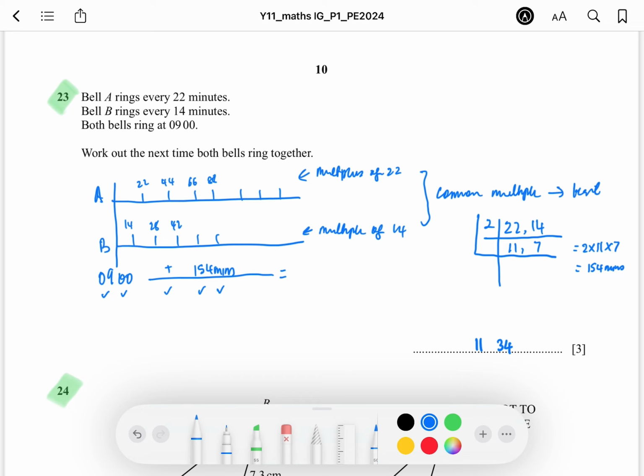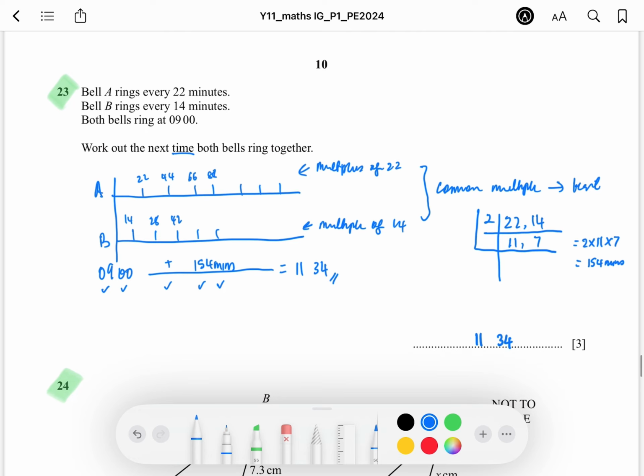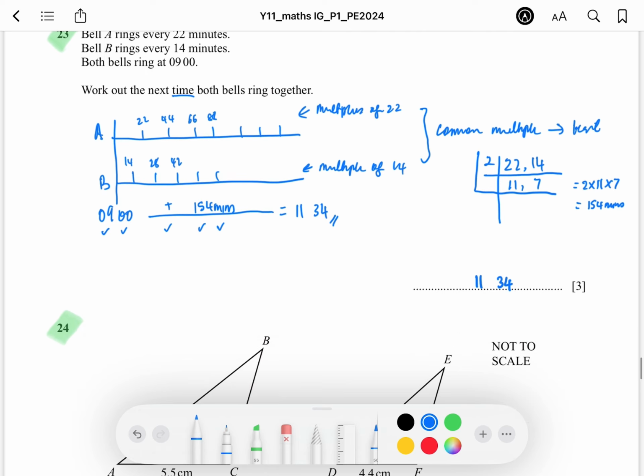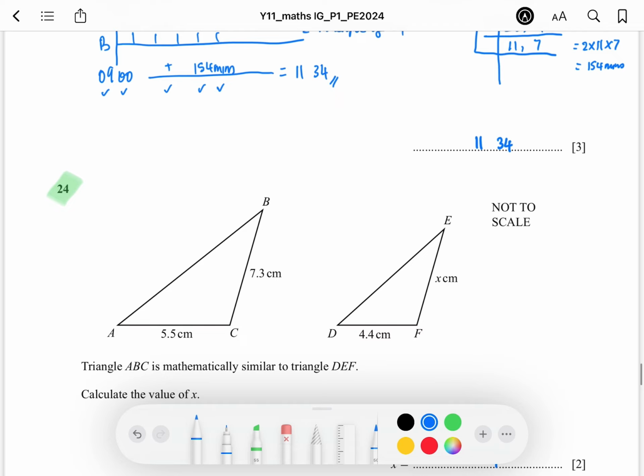You can change it into hours and minutes, but you can also do it straight away, and you will get 11:34. That's how you get your 3 marks. So again, when the question is asking for time, using the timeline really helps a lot. Labeling your working also helps you to regulate your thinking process.